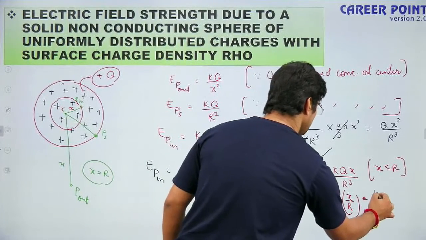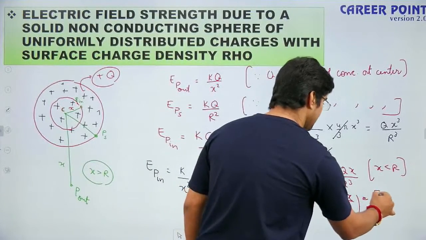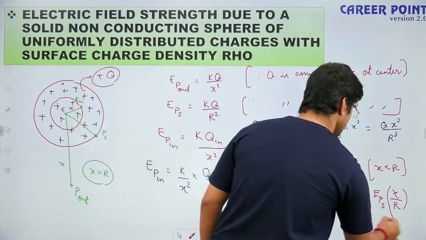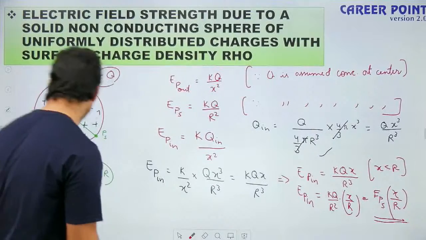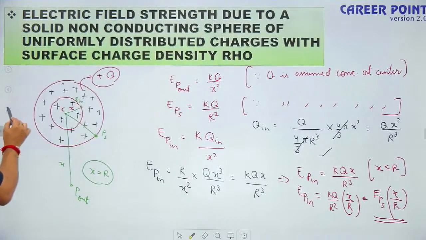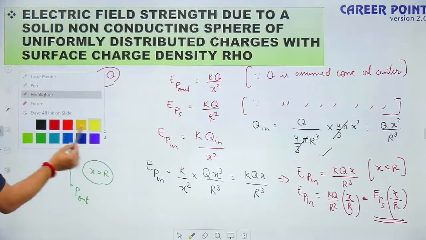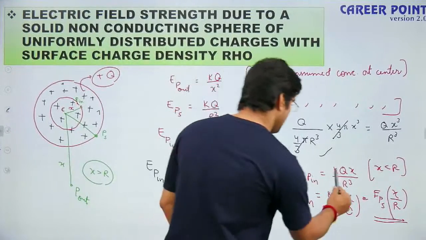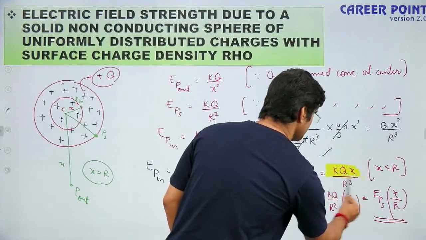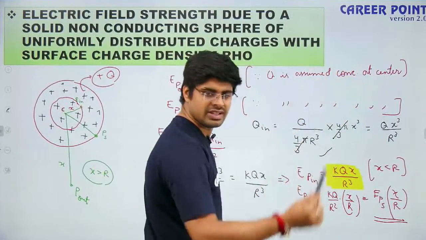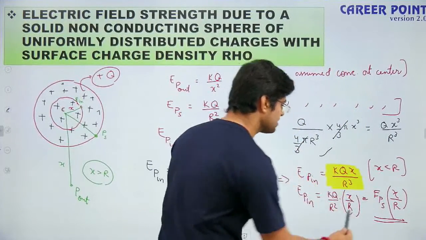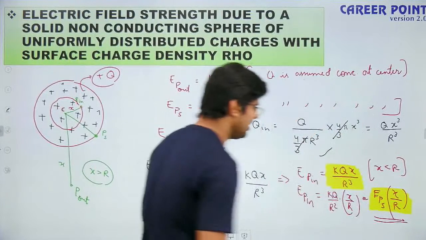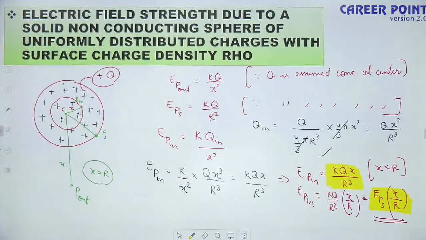So K Q by r square is the electric field at P surface, into x by capital R. I am highlighting so that you can focus that there are two ways of writing the same electric field at an inside point. Either you write K Q x by r cube, or you can write the electric field at the surface point into x by r. Okay, so you have to keep that in mind.